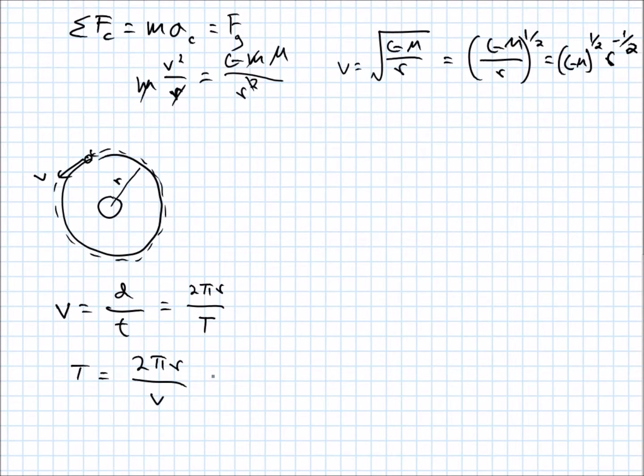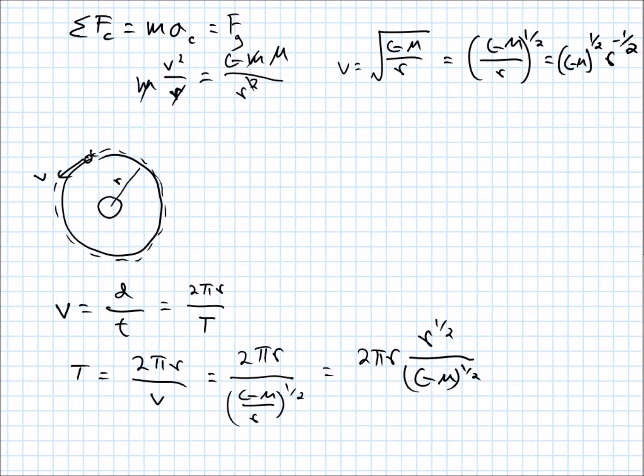And I know what v is, so T is equal to 2 pi r over (GM over r) to the 1/2. Rewriting this a bit, we're getting 2 pi r times, let's see, r to the 1/2 over GM to the 1/2. Okay, r times r to the 1/2, we're multiplying, and so we're going to add these exponents together.